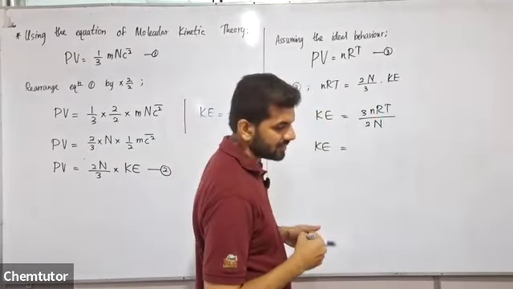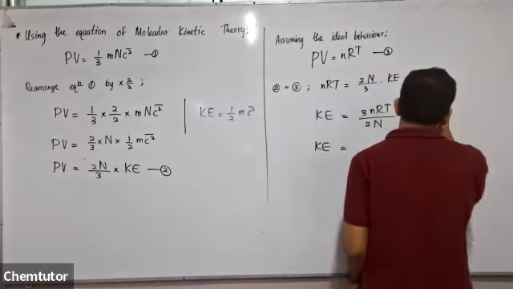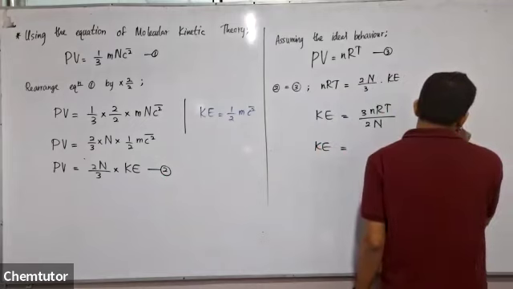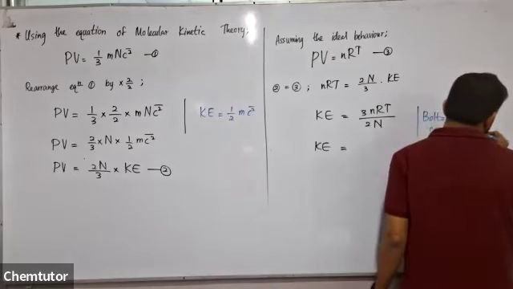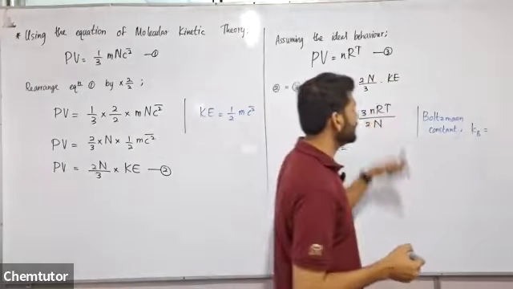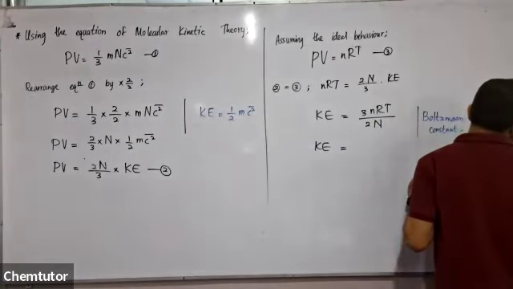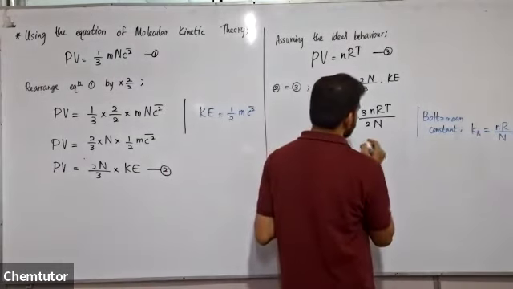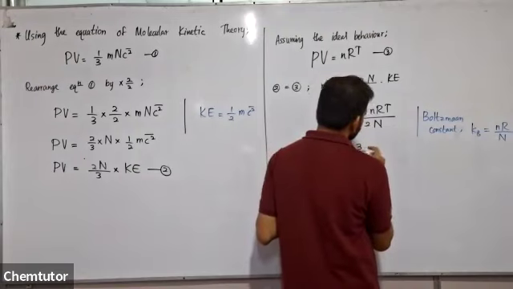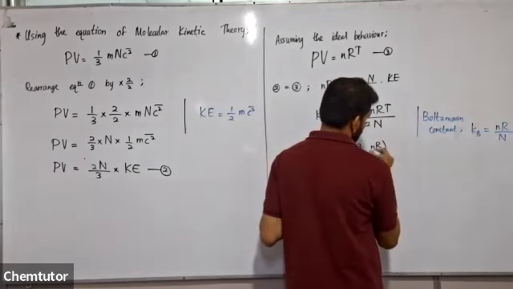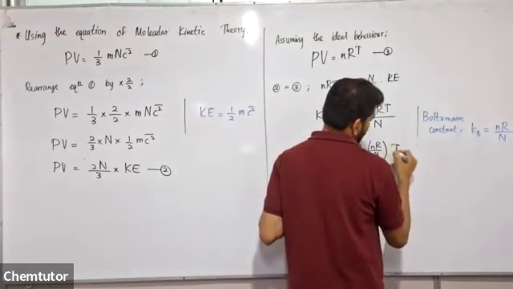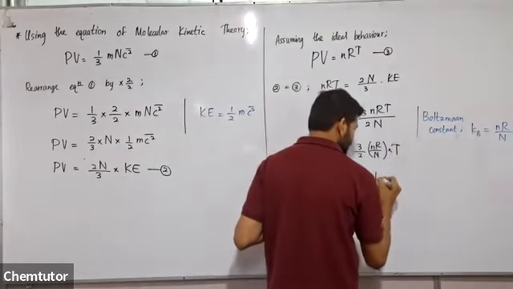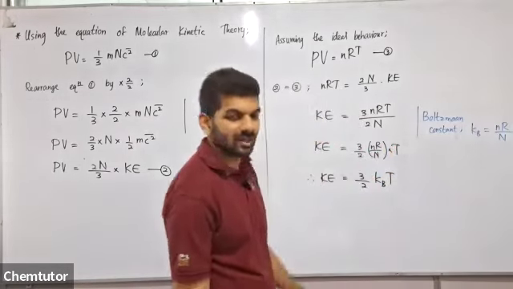Actually, there's a constant called the Boltzmann constant, that is Kb, which equals nR over capital N. Simply nR divided by capital N. So therefore, kinetic energy equals 3/2 kb times T, where kb is the Boltzmann constant.